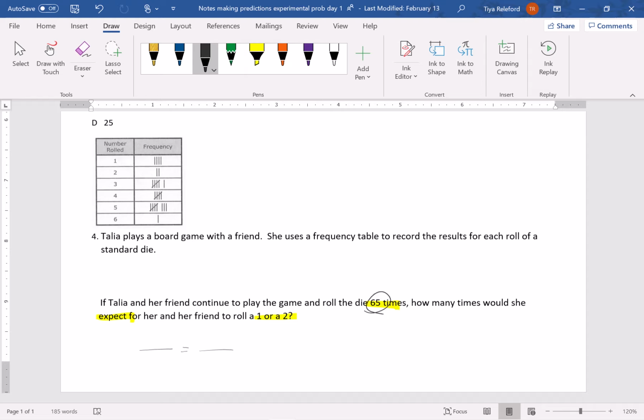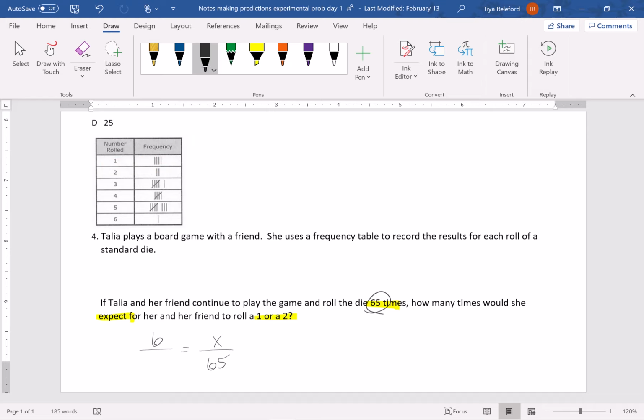You're going to do it 65 times. And you want to know rolling a 1 or a 2. We rolled a 1 4 times and rolled a 2 twice. So altogether, that was 6 times.